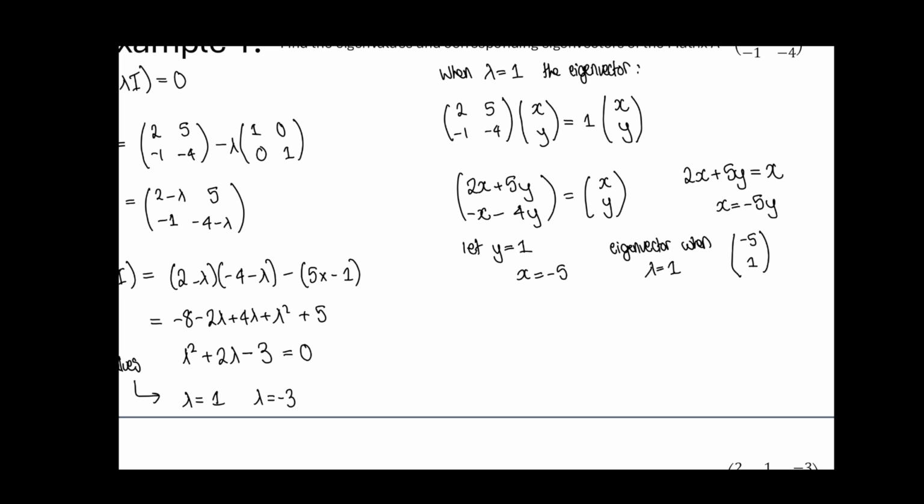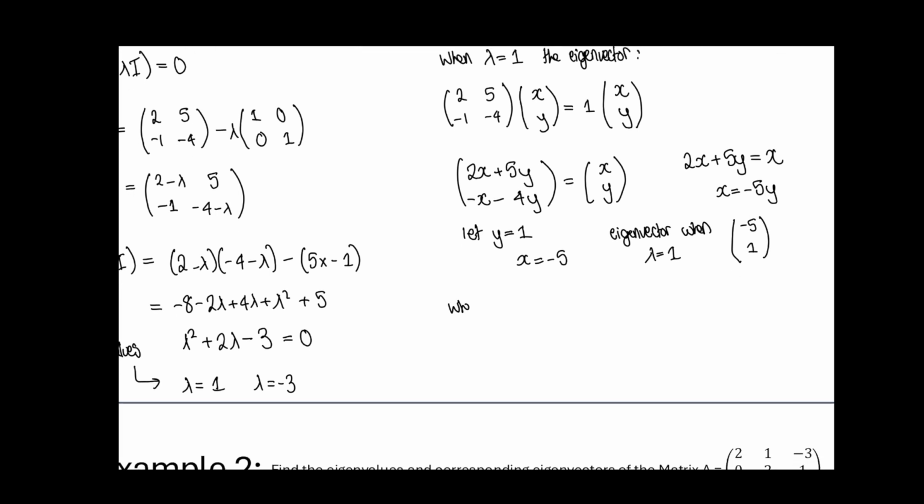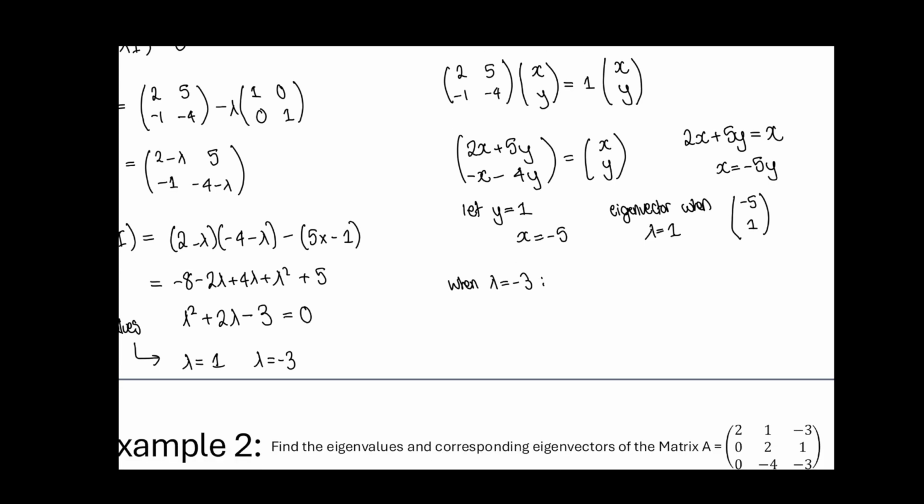If we do the same thing when lambda is equal to minus 3, we get the equation 2x plus 5y is equal to minus 3x this time. Rearranging this gives us y is equal to minus x. And again, we have free choice of one of the variables.